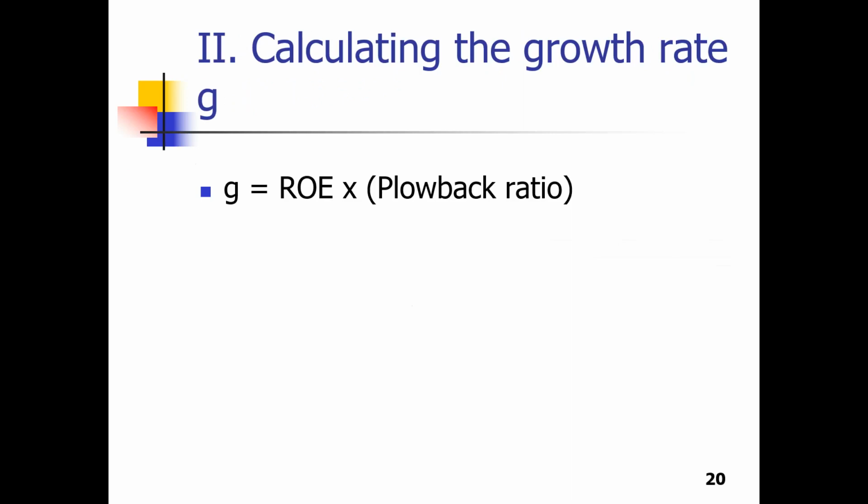Then we go to calculating the growth rate, which is very important. A given company makes profit. We call it net income. That's at the bottom of the income statement. So to calculate growth rate, you look at the bottom of the income statement. Of course, sadly, sometimes this is a loss.